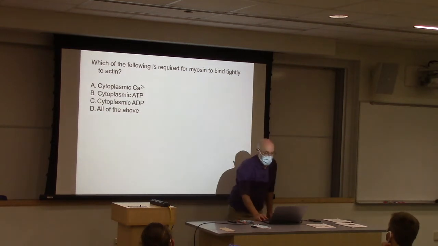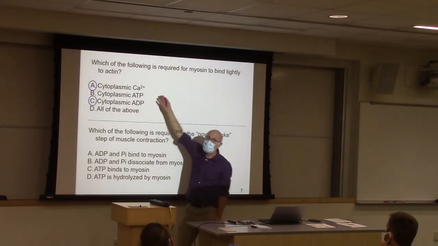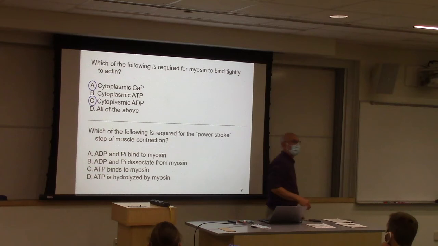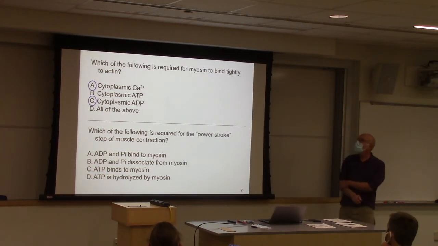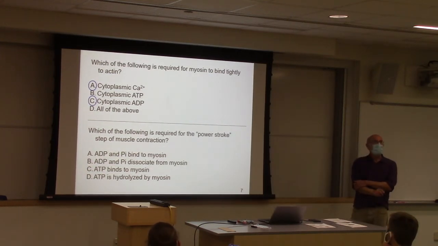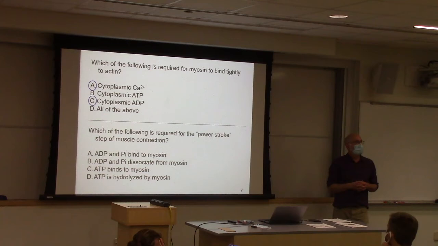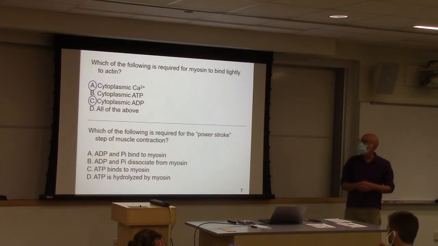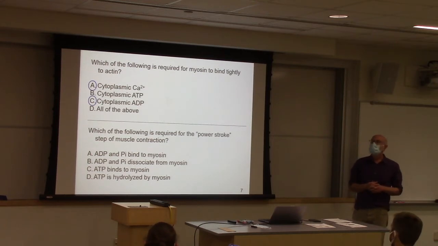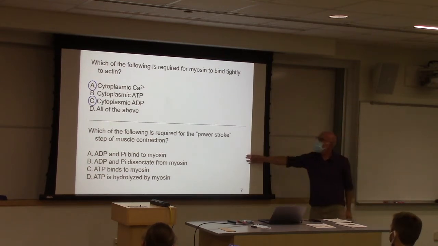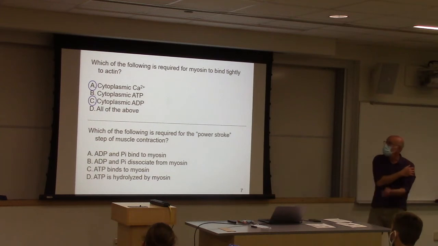So the strictest answer is A and C. If you chose all of the above, and then were able to explain to me why you chose ATP, I would probably accept the answer. If you said, I chose ATP because that's how I get to ADP, and then if I choose A, B, and C, that's the same as D, I get it. Okay, which of the following is required for the power stroke?